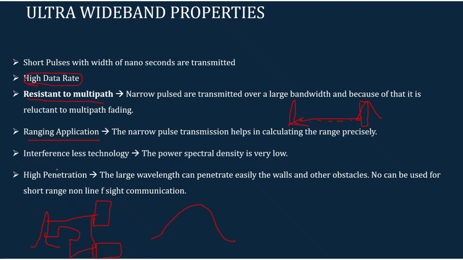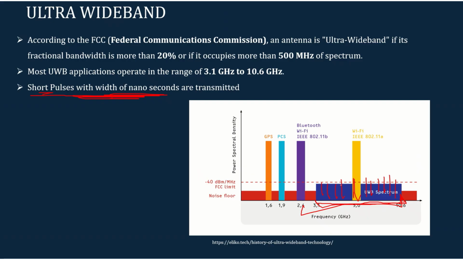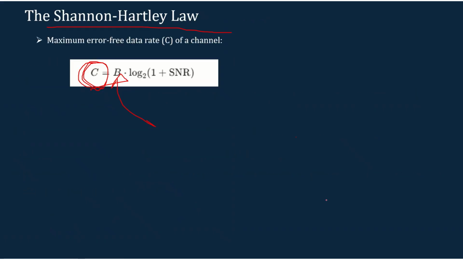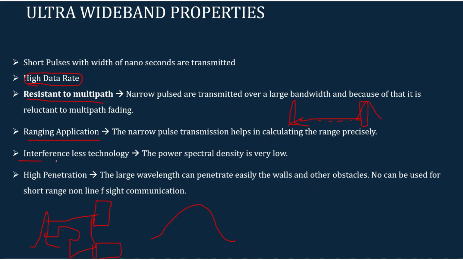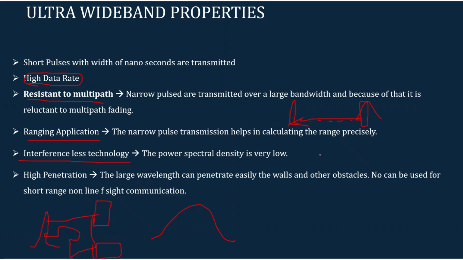And it is an interference-less technology, which is attributed to its power spectral density. Here you can see that the power spectrum of UWB is very low compared to other applications. Because of this low power spectral density, it does not cause interference to other technologies like GPS, Bluetooth, Wi-Fi, etc. It also has high penetration because its frequency ranges from 3.1 to 10.6 gigahertz.